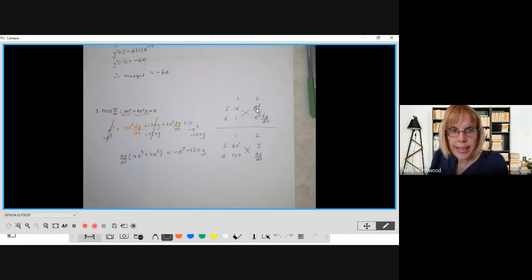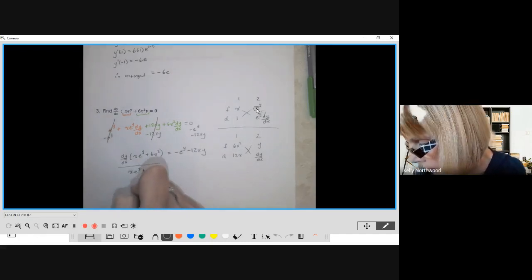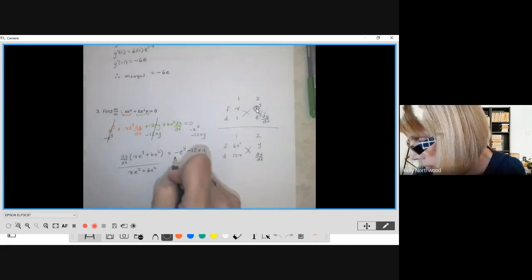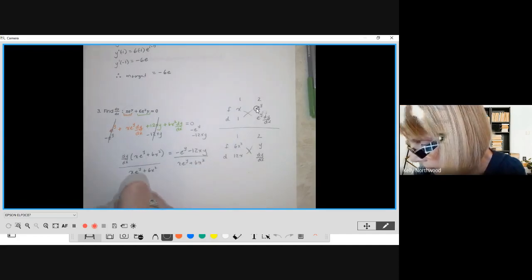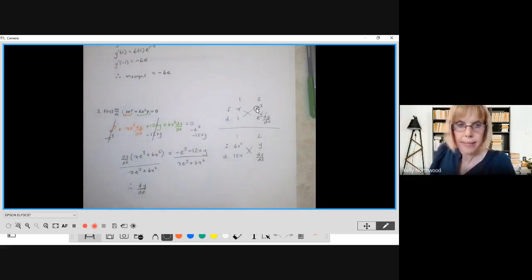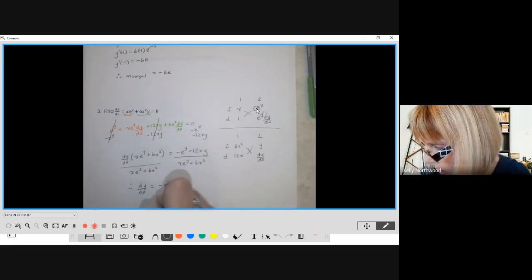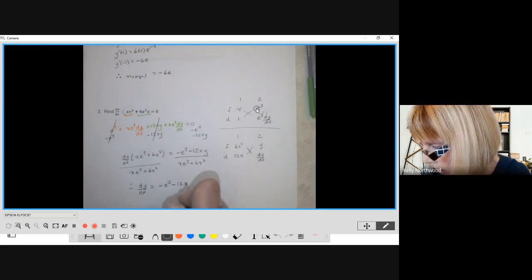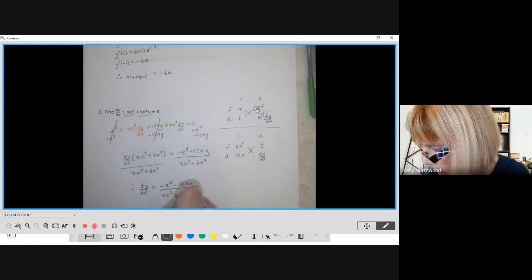Divide both sides by x e to the y plus 6x squared. So therefore dy by dx is negative e to the y minus 12xy over x e to the y plus 6x squared.